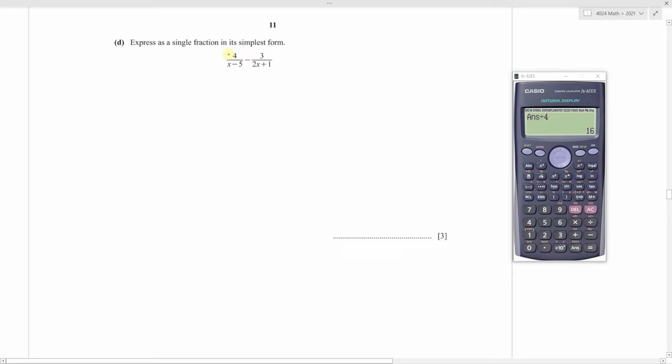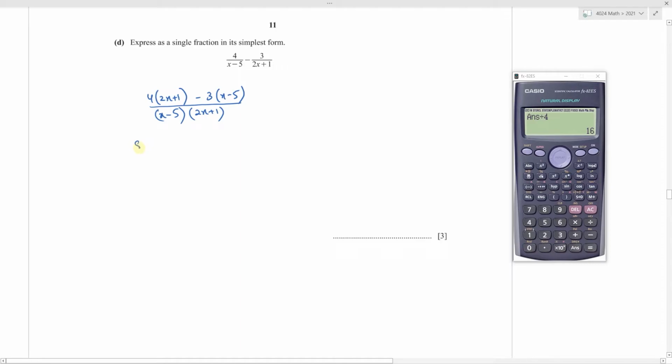Express as a single fraction in its simplest form. So you'll take the LCM. The LCM will be the product of these two denominators, so x minus 5 multiplied by 2x plus 1. So this 4 will be multiplied by 2x plus 1, minus 3. This 3 will be multiplied by x minus 5.